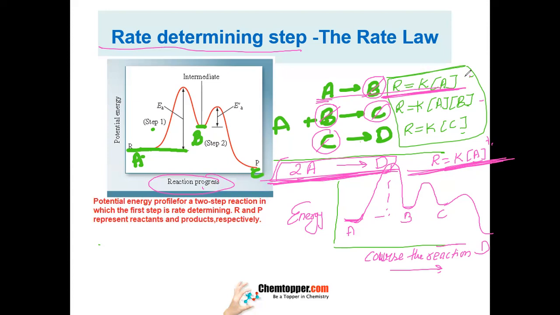If the slow runners of other teams are faster, that team will win. So the slow step is the rate determining step here also. Whatever step is slow is finally going to control the rate of the reaction. So am I clear, children?